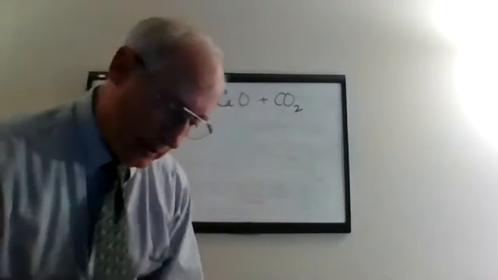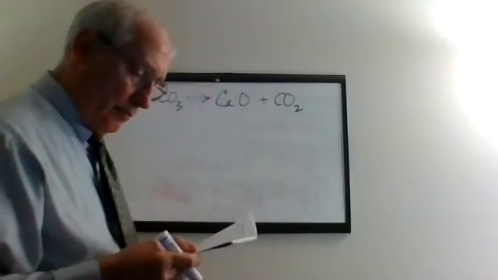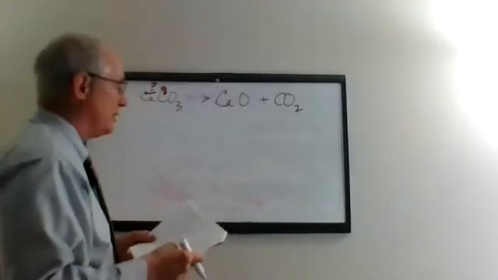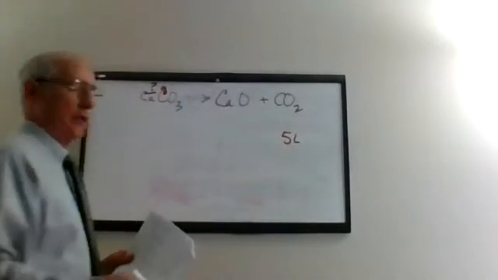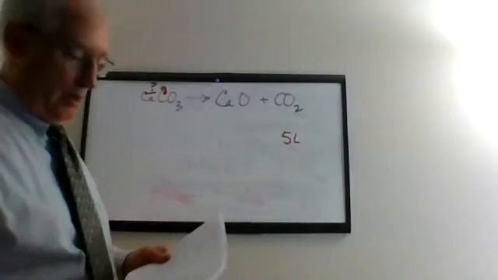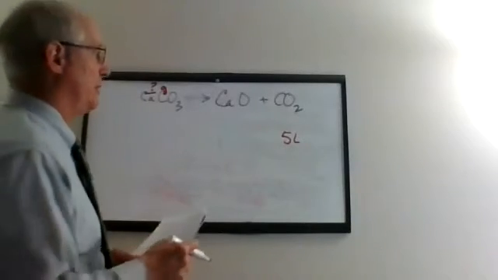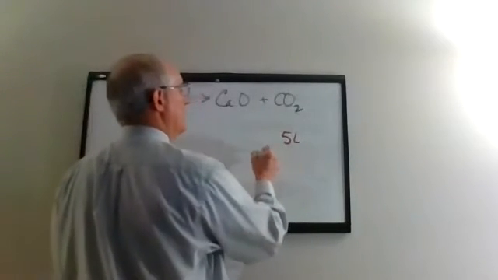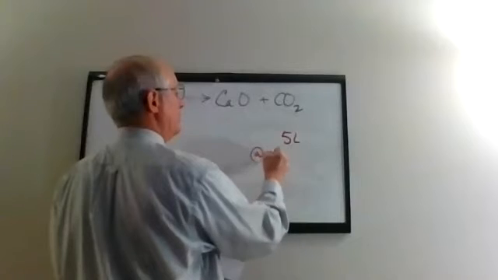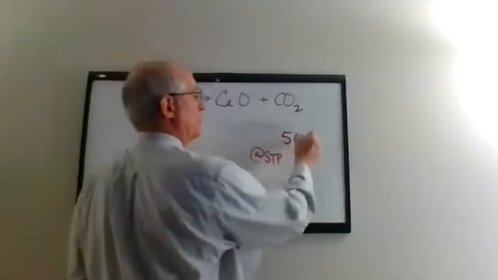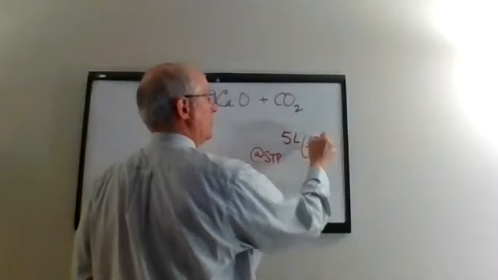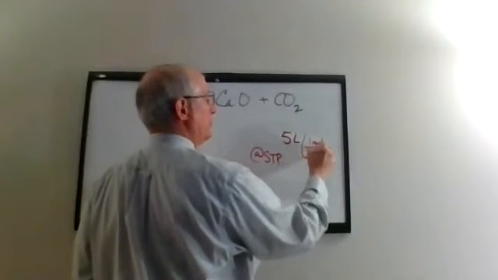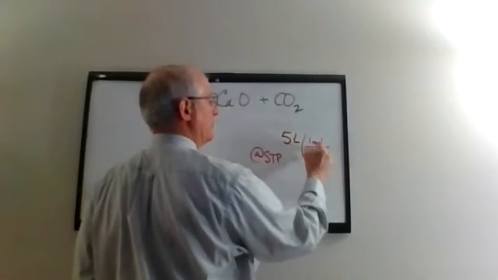That's where we're headed. Must be decomposed to produce 5 liters. Carbon dioxide, that's where we start. And notice that it's at STP. If it's at STP, then we know that 1 mole is 22.4 liters.